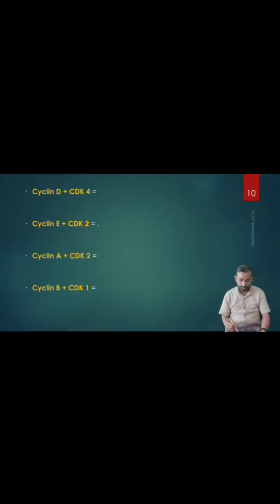So let's discuss the CDKs here, right? It's just a review, because we have discussed this a lot already in the previous videos. This is my G1, this is my S, this is my G2, and this is my M phase, right? These cyclin proteins appear in the sequence of D, E, A, B. So what is the sequence?